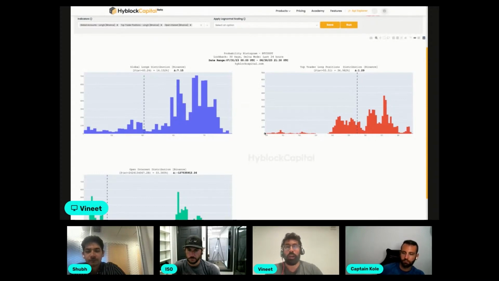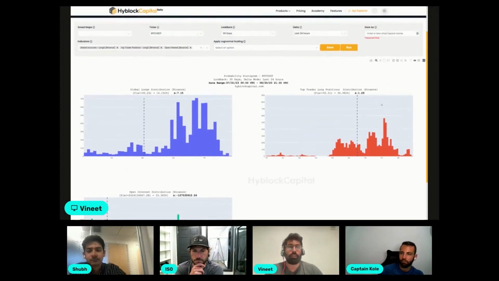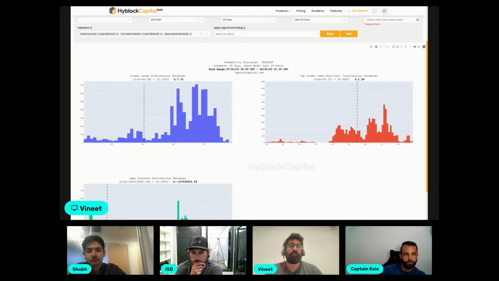In fact, it rarely happens. So that could be some sort of bearish signal that a lot of these top traders are currently in a short or more short than what they usually are. Same on the flip side, saying that 60% of the top traders are long, that seems close to 50-50, but in actuality, within the last 30 days, 60% has never happened. So that's on the other side of the spectrum.